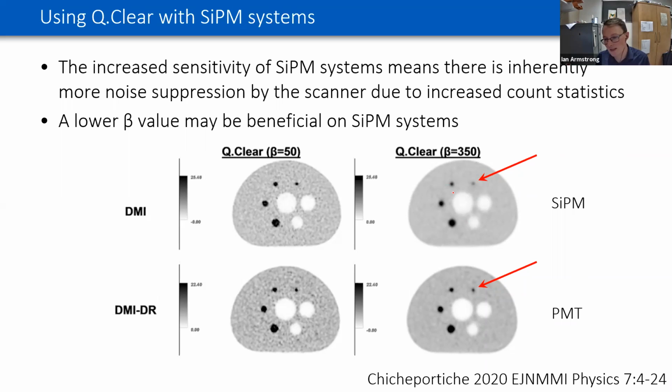I presume this is because the images had such better count statistics that maybe there was an overcorrection, an oversuppression of the noise. This isn't my work, but I think it really does point out the importance of optimizing your reconstruction based upon the technology that you've got.